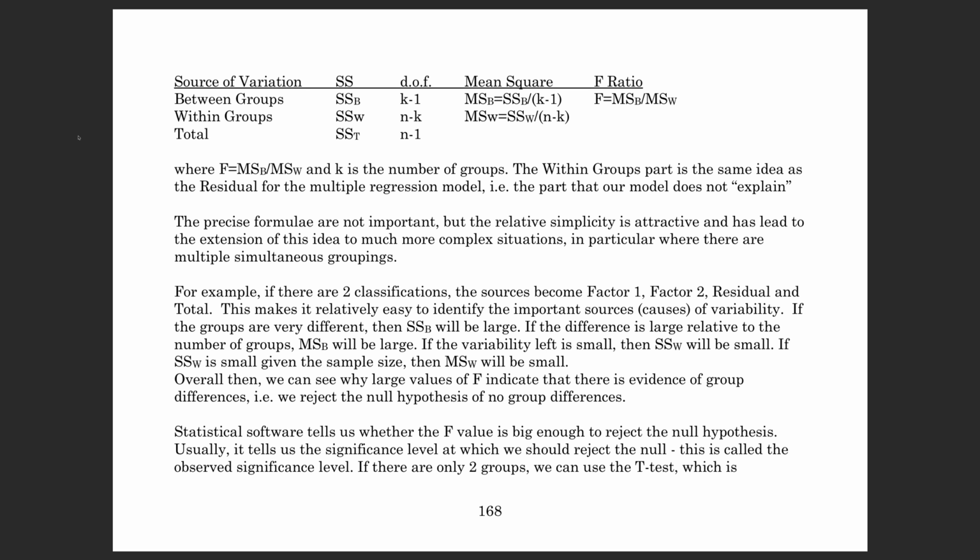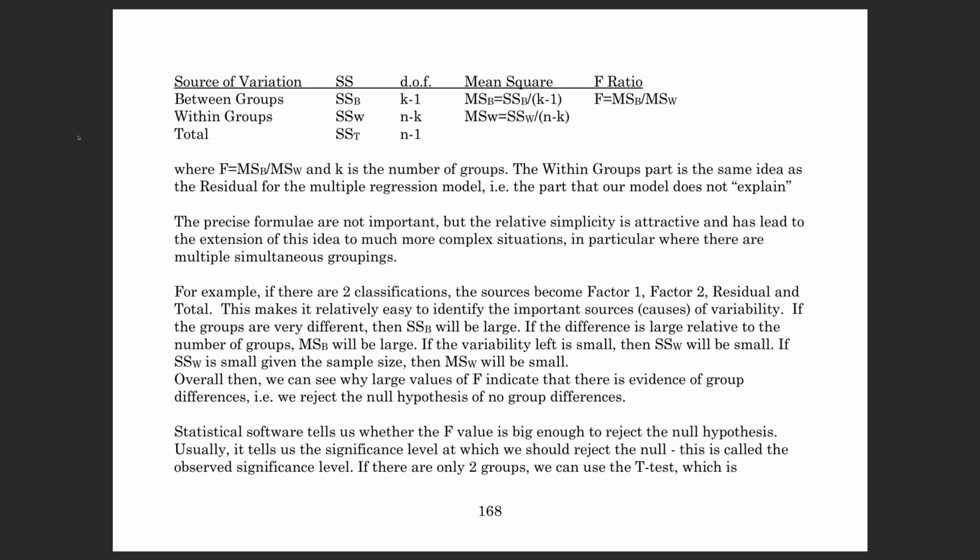And of course, we can extend this idea to much more complex situations, in particular where there's more than one grouping. So for example, if we have two classifications, then we would have factor 1, factor 2, the residual, and the total. So that makes it relatively easy to identify the different important causes or sources of variability.